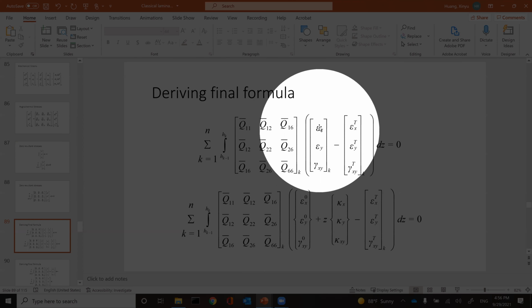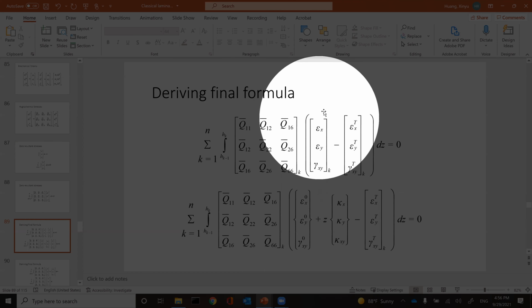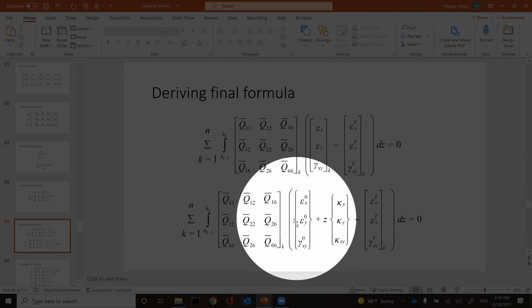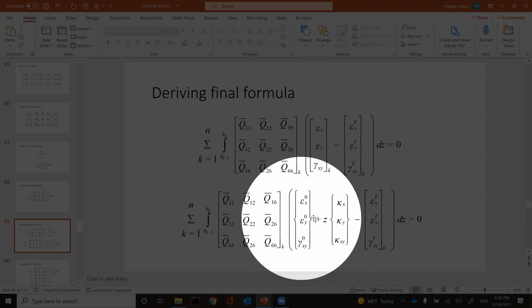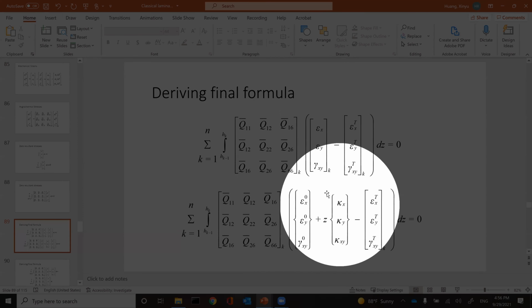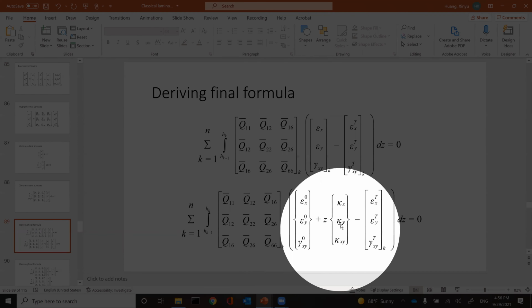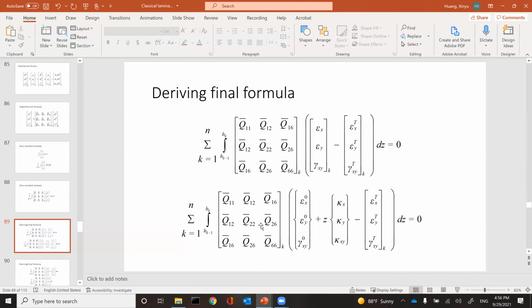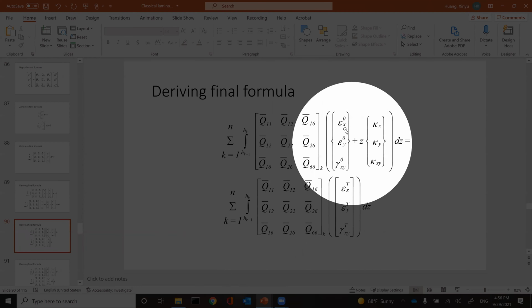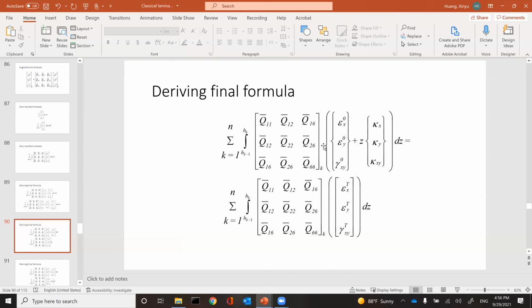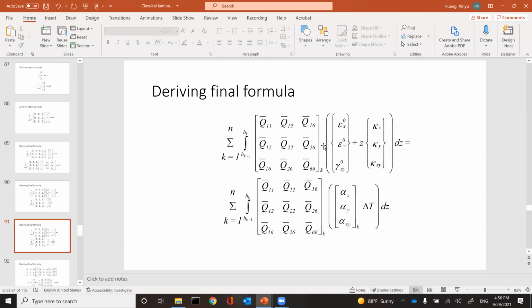What happened is you can argue the total strain of the laminate follows the Kirchhoff assumption. This is the Kirchhoff assumption, the assumption we use to do the classical laminate theory. And you keep going, you plug the Kirchhoff assumption in there. You can transform it to this. Okay. And then you sum.